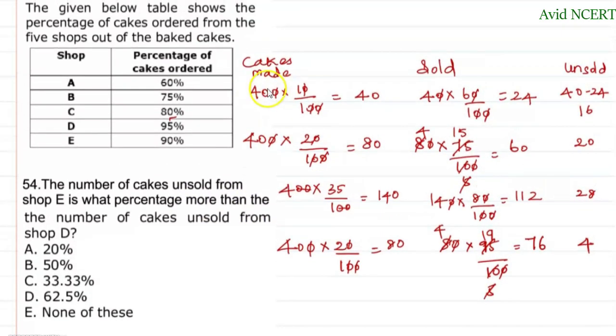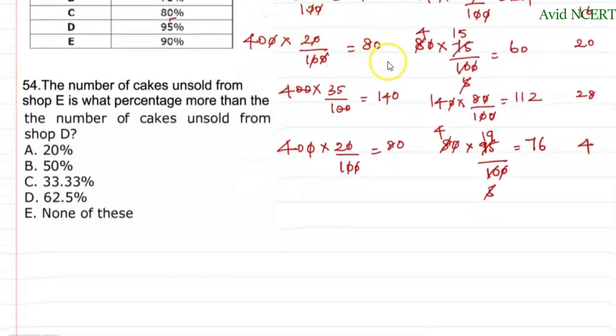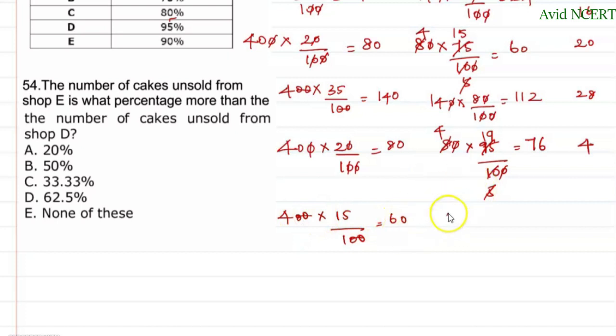And for shop E, they made 15% of cakes, so out of this 400, they made 15%, which is 15 by 100. Again the zeros get cancelled, and 15 times 4 is 60. So out of the 60 cakes, the number of cakes sold here is 90%, which is 90 by 100.